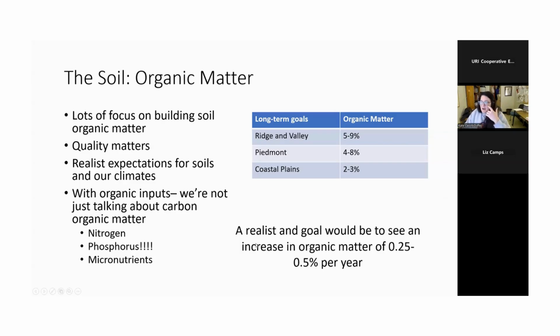But really have a realistic expectation of more like 0.5% per year, 0.25% per year, and pay attention to what it is for your type of soil. If you're in a very sandy soil, 2 to 3% organic matter, you're doing great because it's really hard to maintain that. So, expectations to match your soil type, because not all soils are the same.